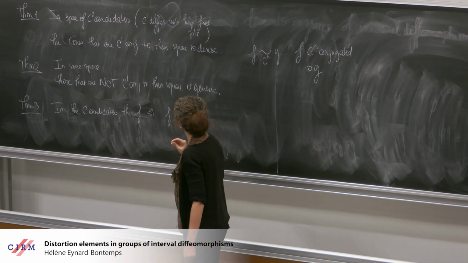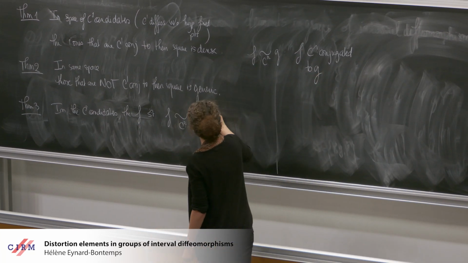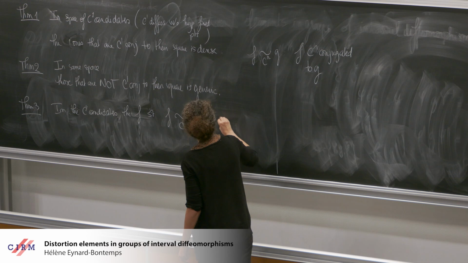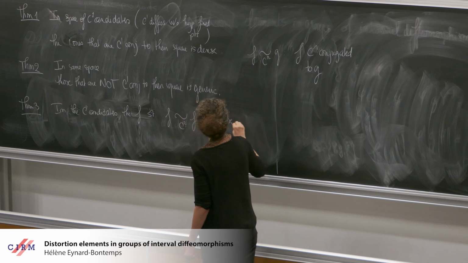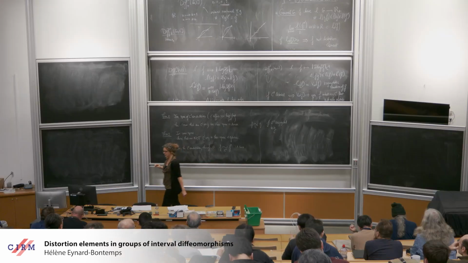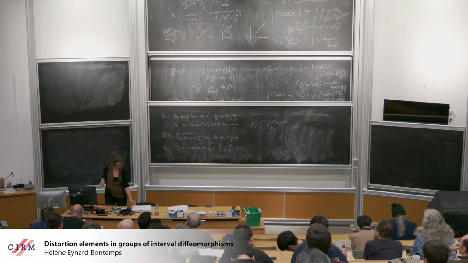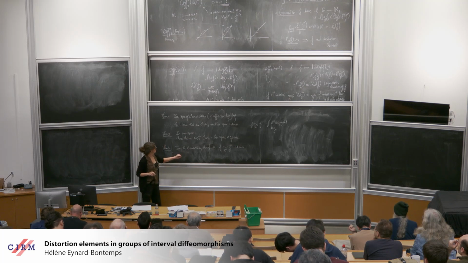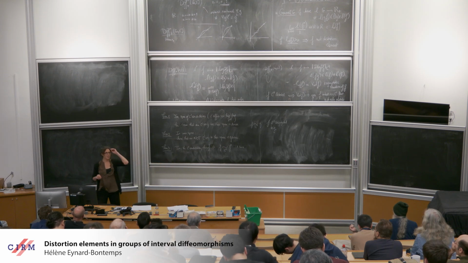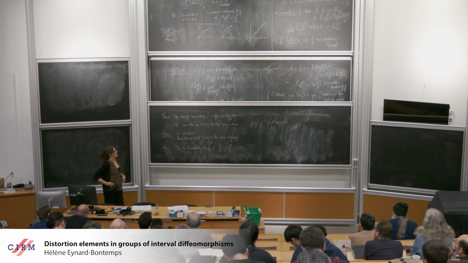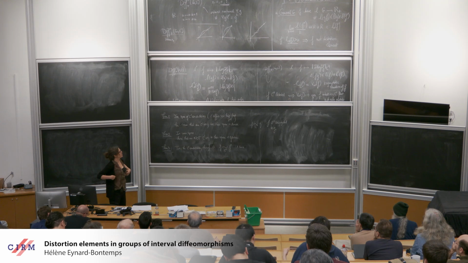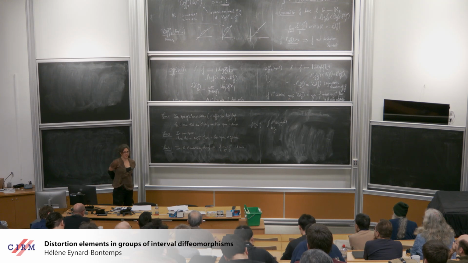The ones that are C2 conjugated to their square is dense also. But probably many are not, except that in this context, the C2 candidates do not form a closed subset of the space of C2 diffeomorphisms. So talking about generic is a bit more complicated.